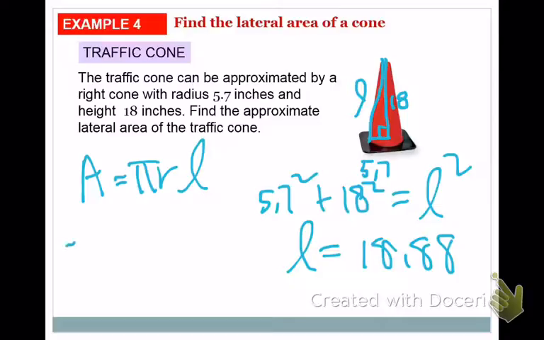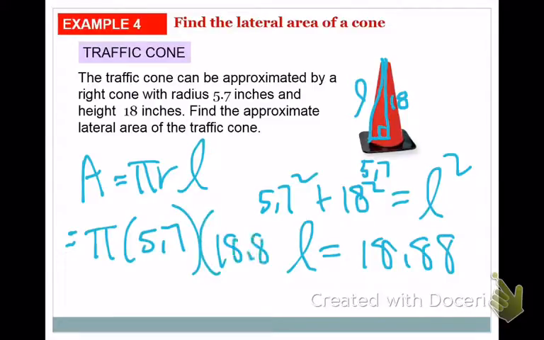So then we plug in, so it would be pi times the radius, 5.7, and the slant height, 18.88. We multiply all that out.